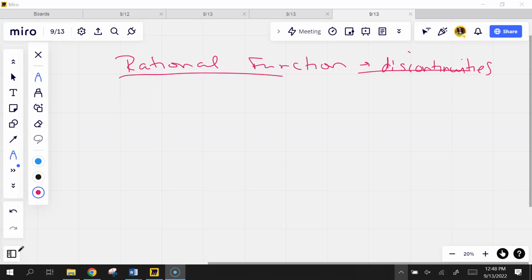Tell me what a hole is in a rational function. So maybe I have my rational function, but there's literally a hole in the graph, right? And we call this what type of discontinuity? A hole is a removable discontinuity.